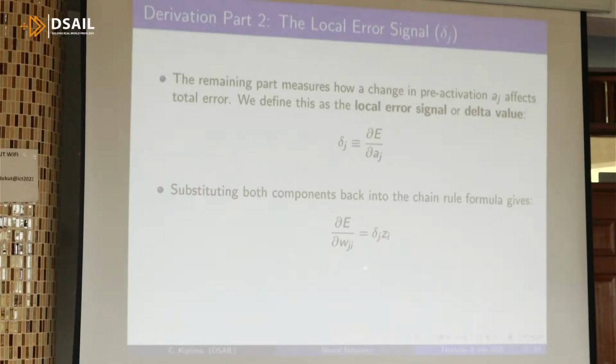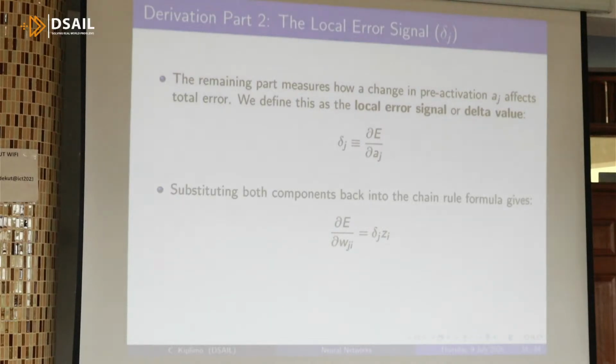Okay, should be winding up. Substituting both components back into the chain rule, we see the derivative is delta j times zi. What is it saying? Let's unpack this value. The derivative is the local error at the receiving node multiplied by the input signal from the sending node.